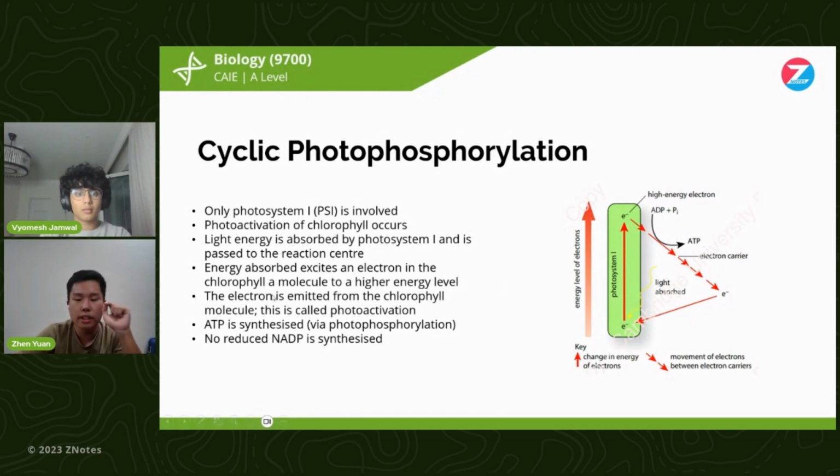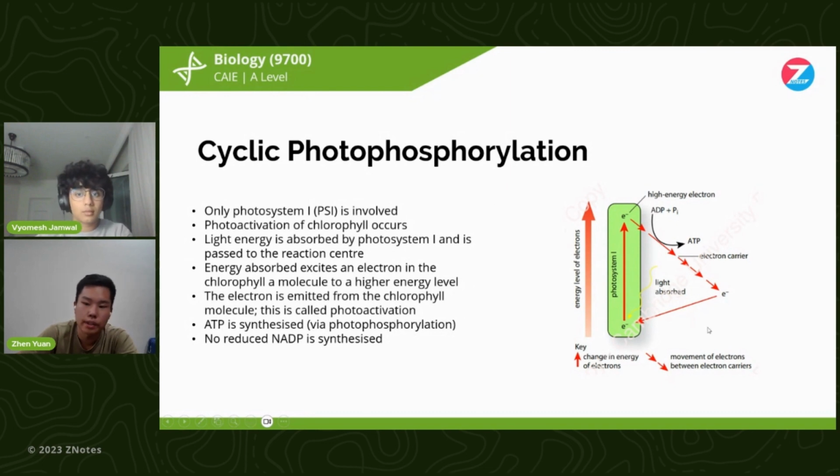And since this electron is now higher in energy, the electron is emitted from the chlorophyll. It has so much energy that it is excited. We call it excited. Remember that word. And then since it's excited, it is emitted from the chlorophyll A molecule. So this is called, as I said, photoactivation.